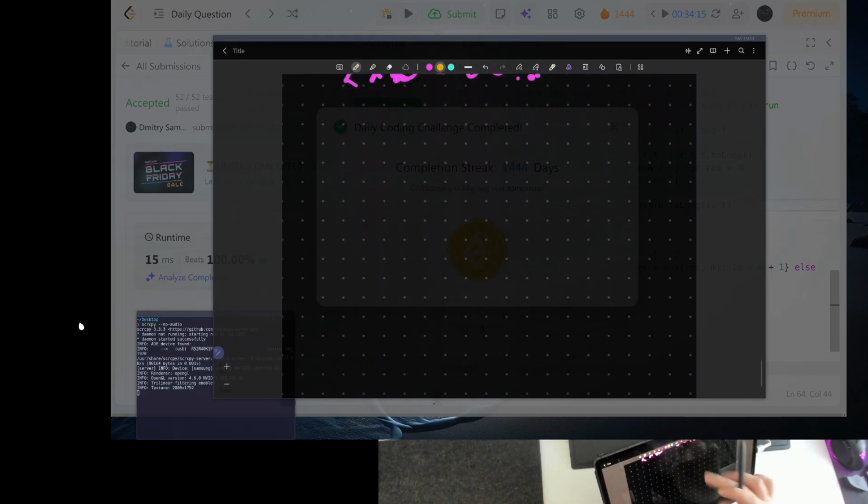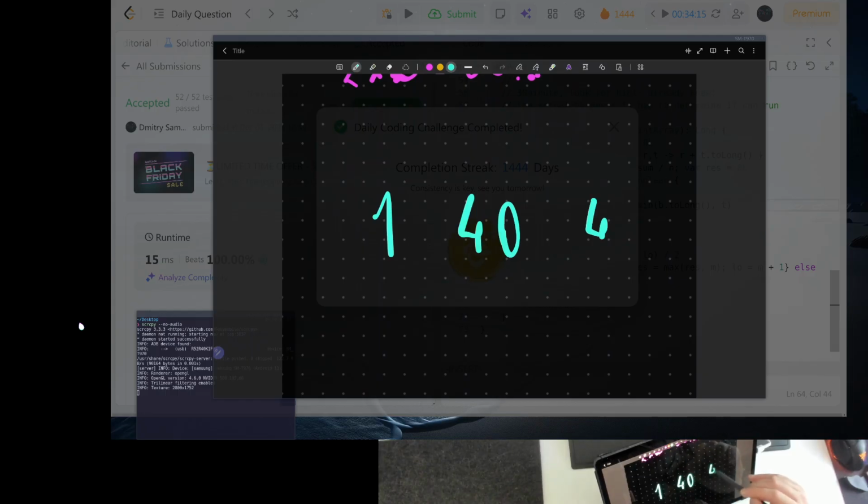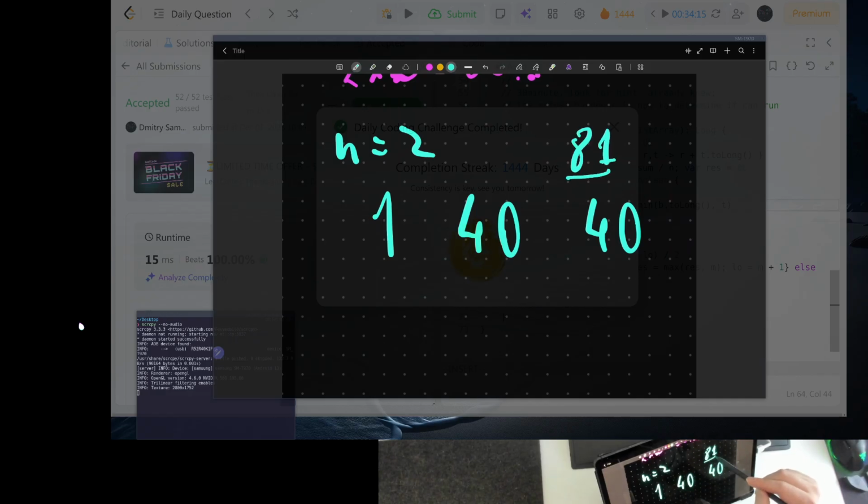For example, imagine we have these batteries, 1, 40 and 40, and n equals 2, but the sum is 81. Okay, in this case we can actually use at most 40 minutes of 2.